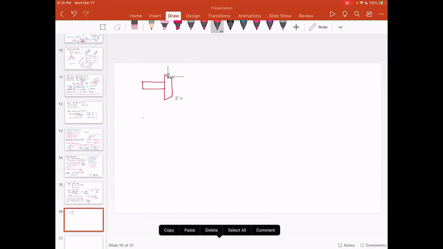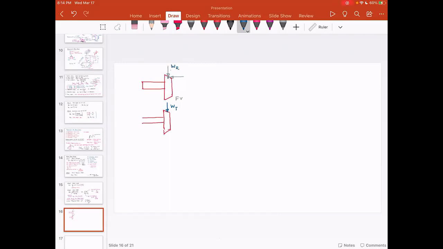And if you look at the top view, you are going to see a tangential load. So you will have WR and you'll have WA. WT is the tangential load, WA is the axial load, and WR is the radial load.